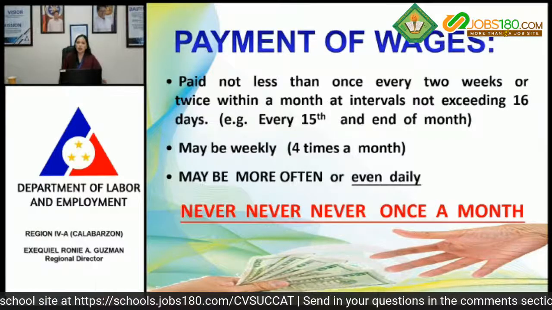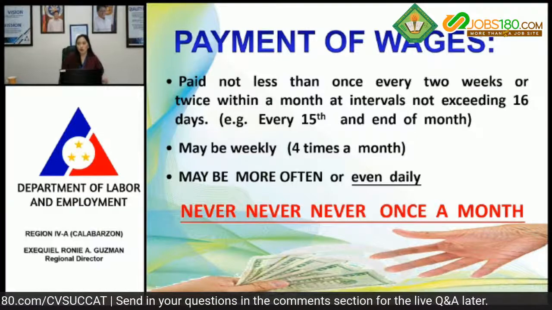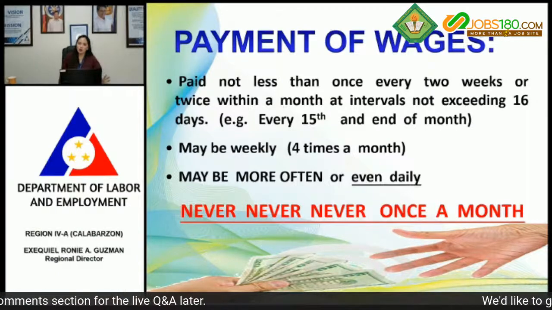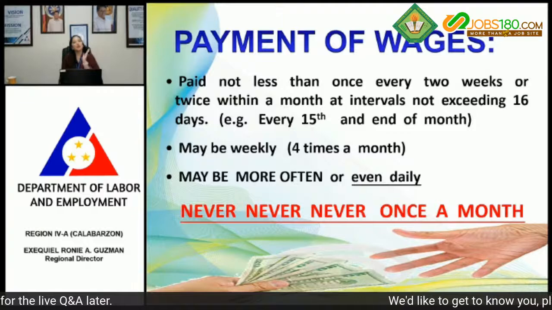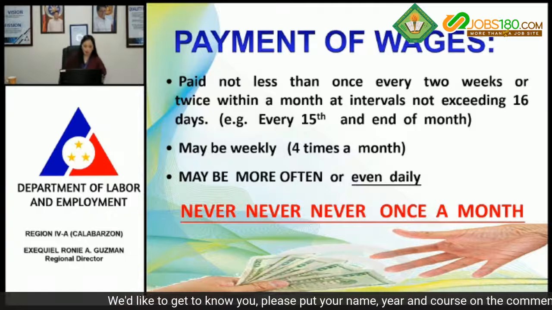Question number 2. Gaano po katagal yung allowed na pondo? Kasi nga po, yung iba, pumasok ng trabaho June 1. Pagdating po ng June 15, wala pa rin sasahurin, June 30 pa makakasahod.